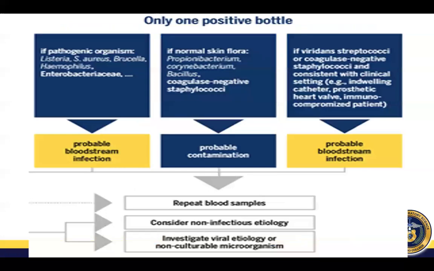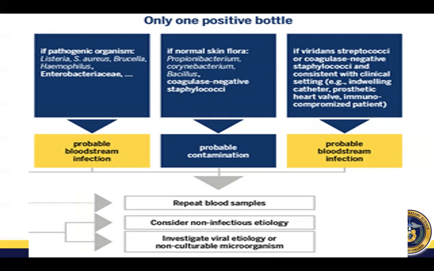If, for example, only one tube turns out to be positive, what are you supposed to do? If the pathogenic organism you have identified in that positive bottle is Listeria, Staphylococcus, Brucella, Haemophilus, or Enterobacteriaceae, that could be a probable bloodstream infection.